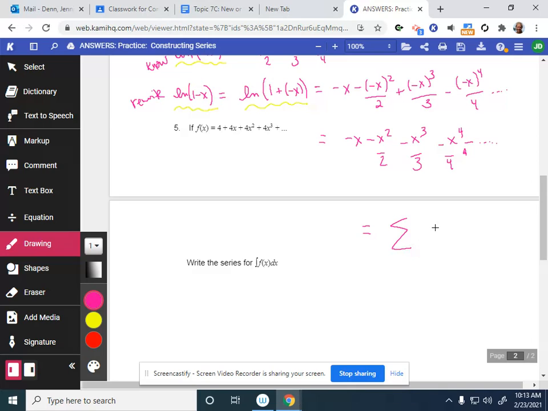Because I don't alternate and I want to make sure that every term is negative, I can just say my series is negative 1 times x to the n over n. That way I take that negative out of the formula altogether, and I don't worry about multiplying by negative 1 at all. And n is going to go from 1 to infinity. There are obviously other ways to write that general term, but that's probably what I would do.